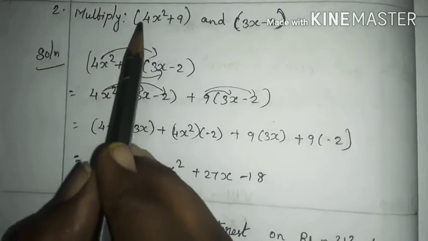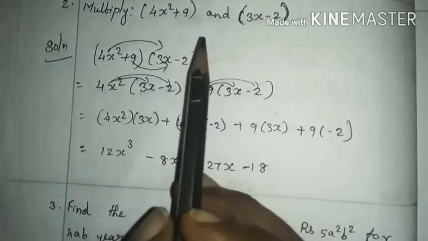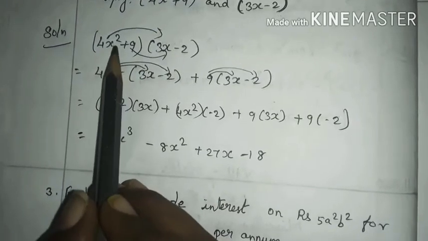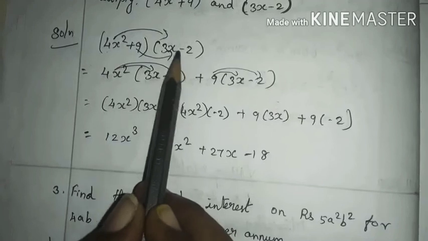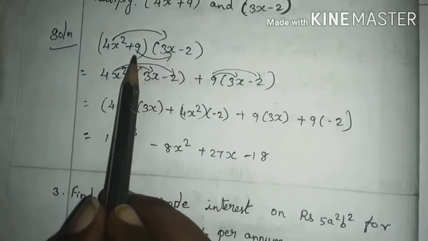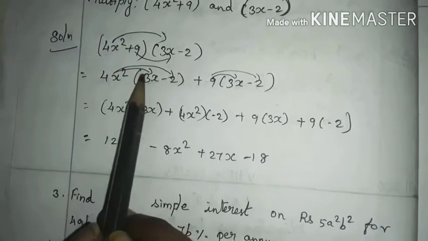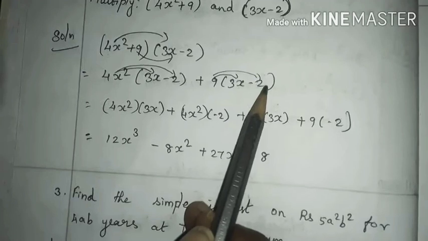Second sum, multiply 4x square plus 9 and 3x minus 2. When you are multiplying two algebraic binomial expressions, first you have to multiply the first term of this expression with the second algebraic expression, and again multiply the second term with it, that is 4x square into 3x minus 2, then 9 into 3x minus 2.